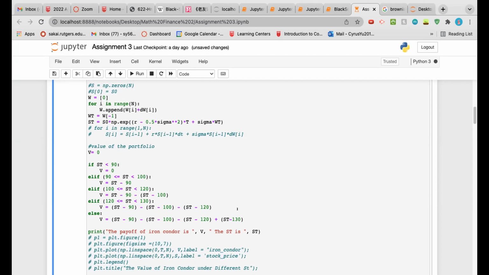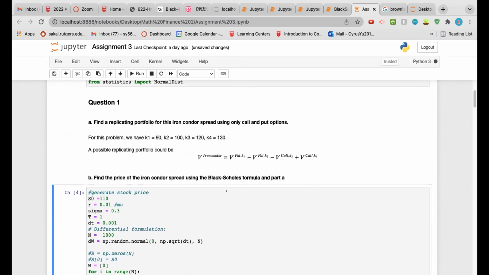So price here is equal to the Black-Scholes prices adding up. I asked you to find the replicating portfolio, right? Did you find it?